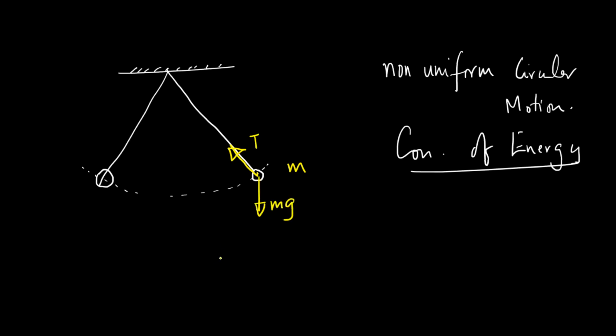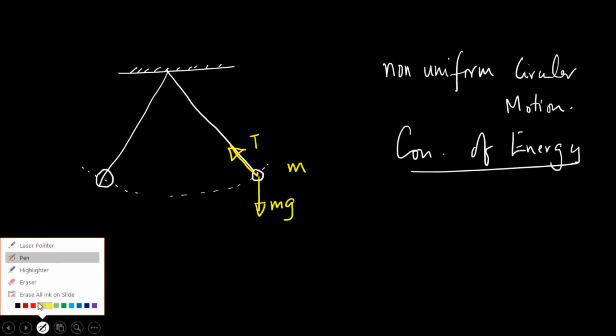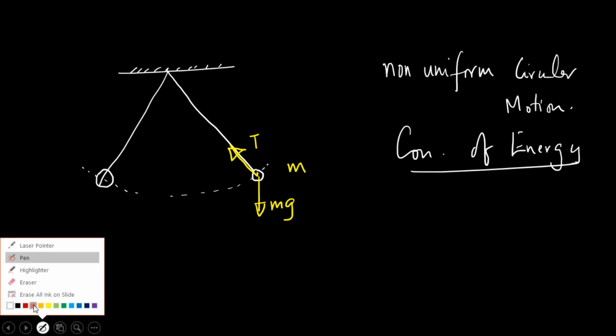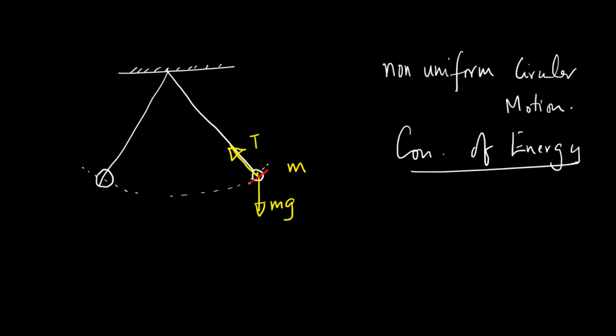And the important, nice, beautiful observation in this case is that the work done by the tensile force is zero, and the reason for that is that the displacement is always perpendicular to the tensile force. So the work done by the tensile force is zero.